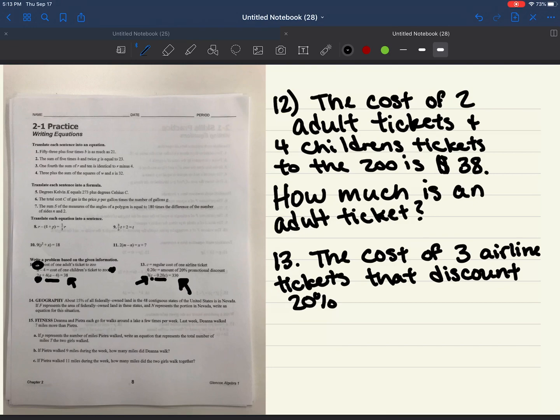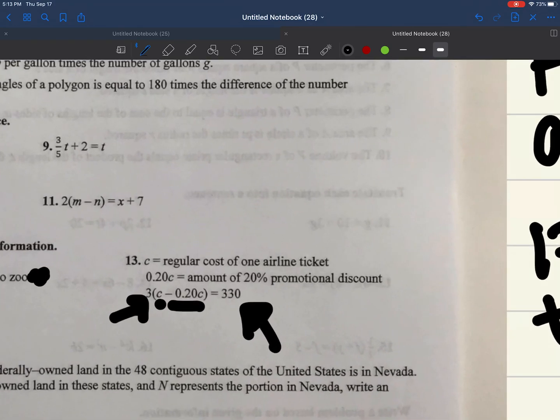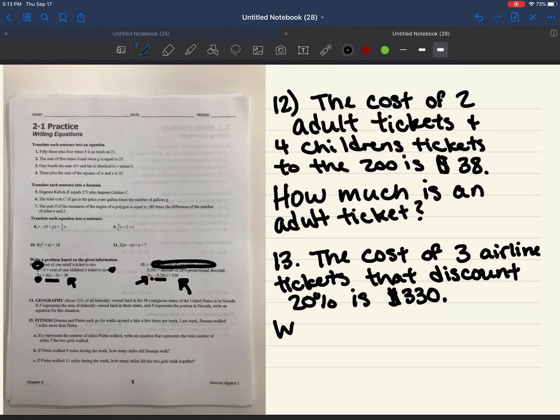Okay, so that are discounted at 20% is $330. Then we have to ask, what's the question, right? Well, what does the original variable C represent? The regular cost of one airline ticket. So we would say, what is the cost of a regular ticket?